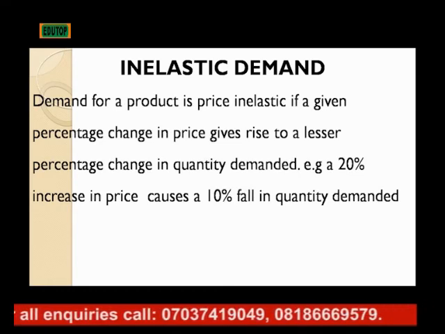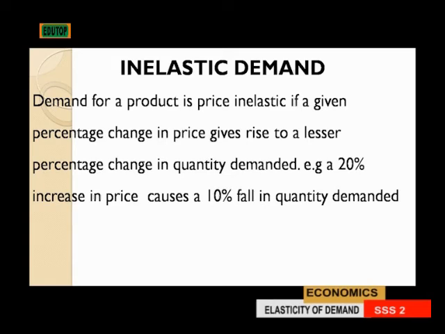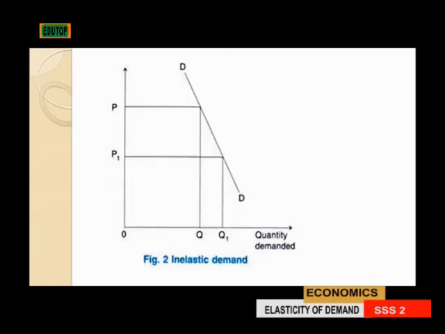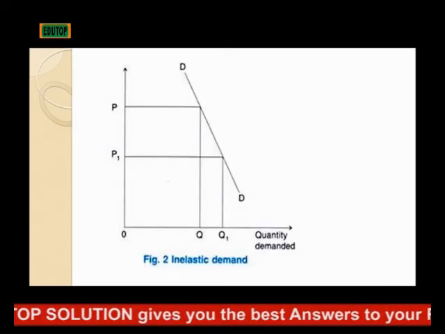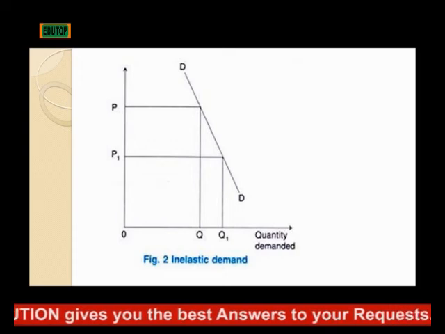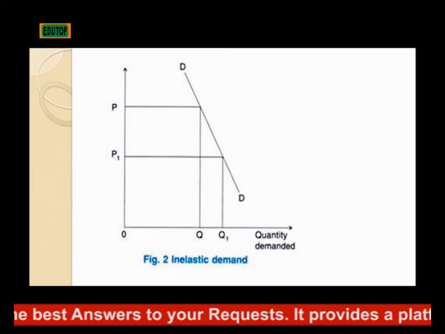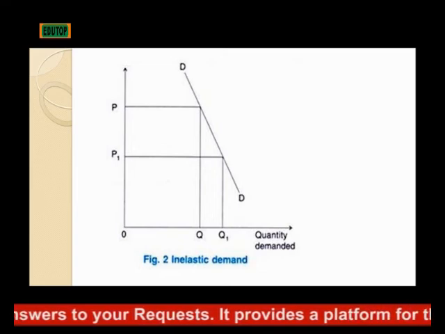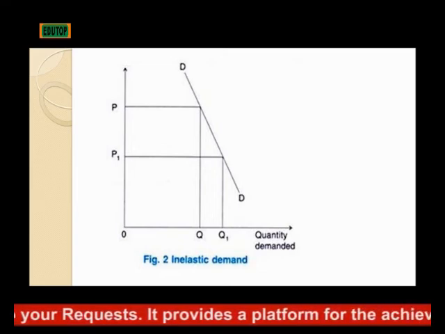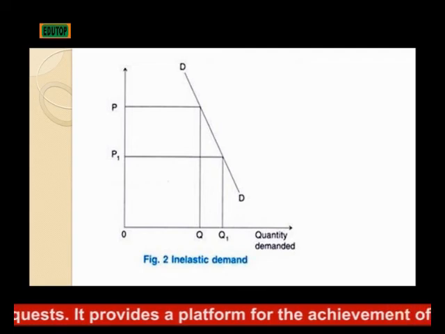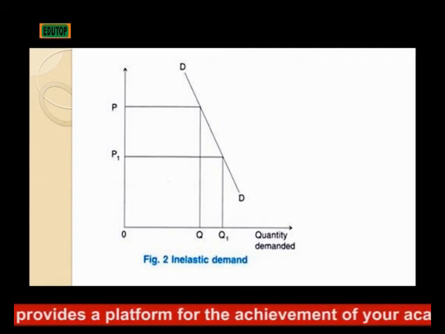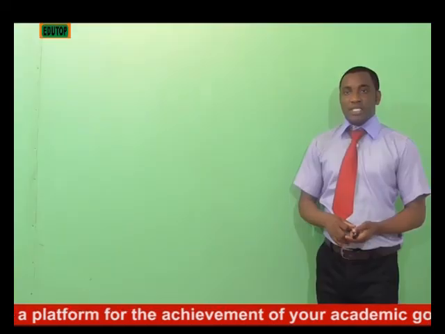In that case, we say the demand is inelastic. This is an example of the graph. We have the graph here, just like the other one, but the difference is that the distance between P1 and P2 is greater compared to the distance between Q1 and Q2, which is just the opposite of the elastic demand we saw the other time.